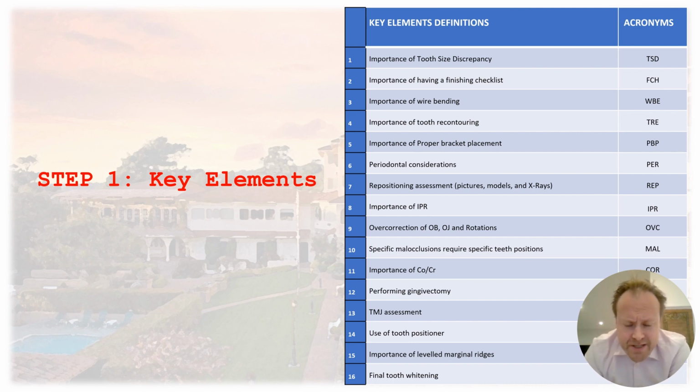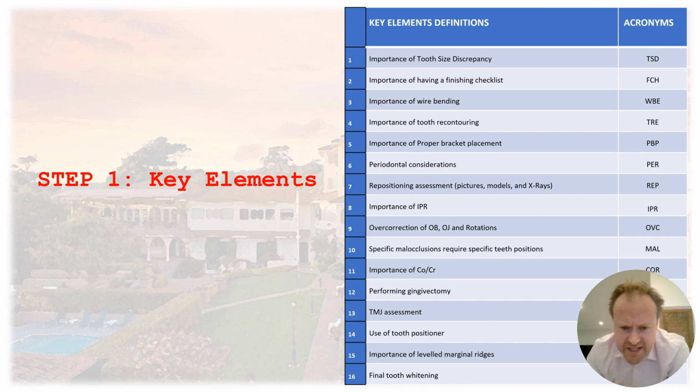Step 1, key elements. As you can see, we have the importance of tooth-size discrepancy, having a finishing checklist, wire bending, tooth recontouring, proper bracket placement, periodontal considerations, repositioning assessment, importance of IPR, overcorrection, specific malocclusions that require specific teeth position, importance of CO-CR, performing gingivectomy, TMJ assessment, the use of tooth positioner, importance of level marginal ridges, and final tooth whitening.